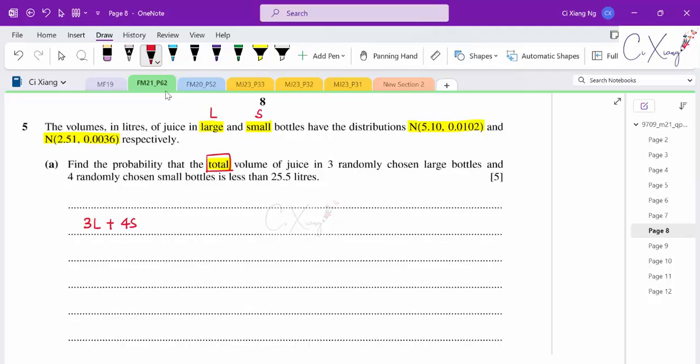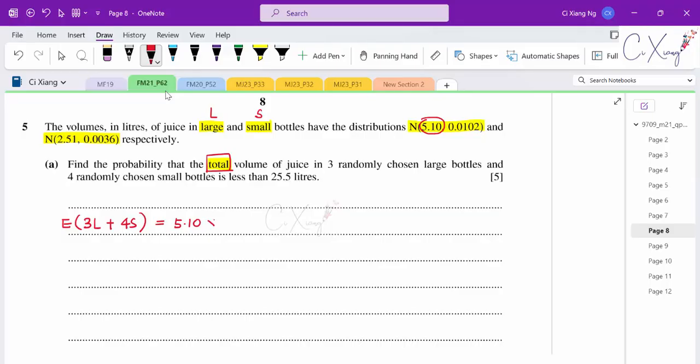Okay, so before you can calculate the probability for 3L and also 4S, the total for 3 large and 4 small bottles, I need to know the mean first. To calculate the mean for 3 large and 4 small bottles, basically you have to take 5.10, which is the mean for the large bottle, plus 5.10 plus 5.10, 3 times.